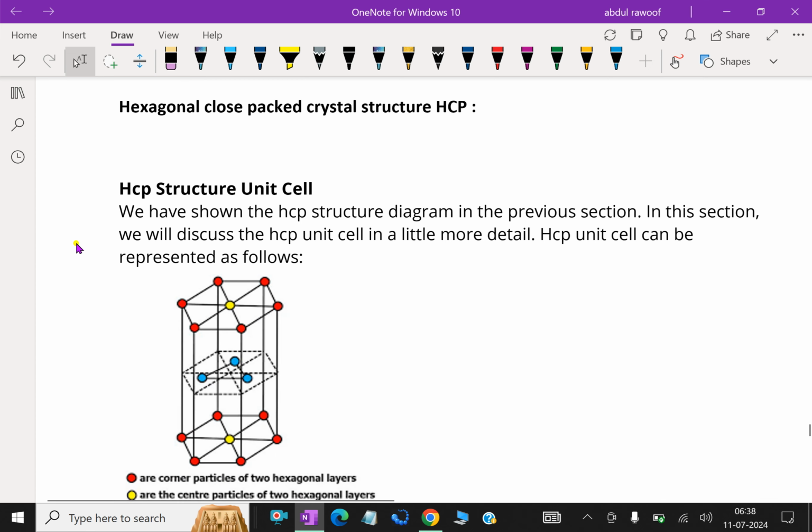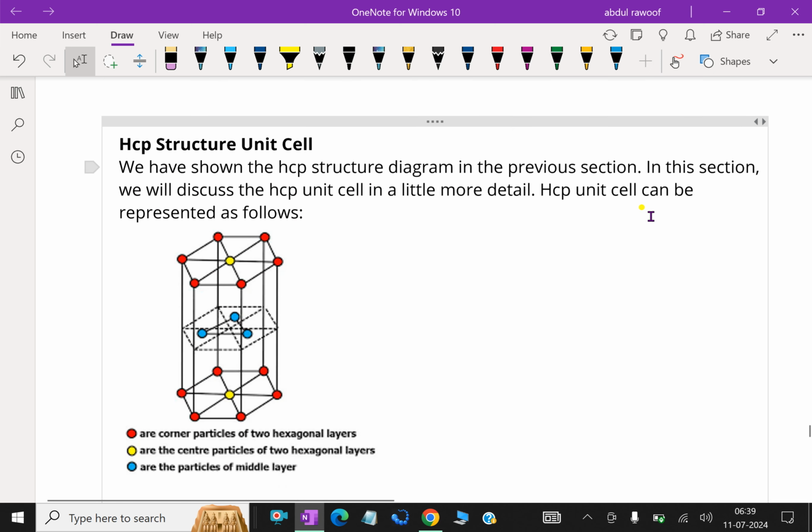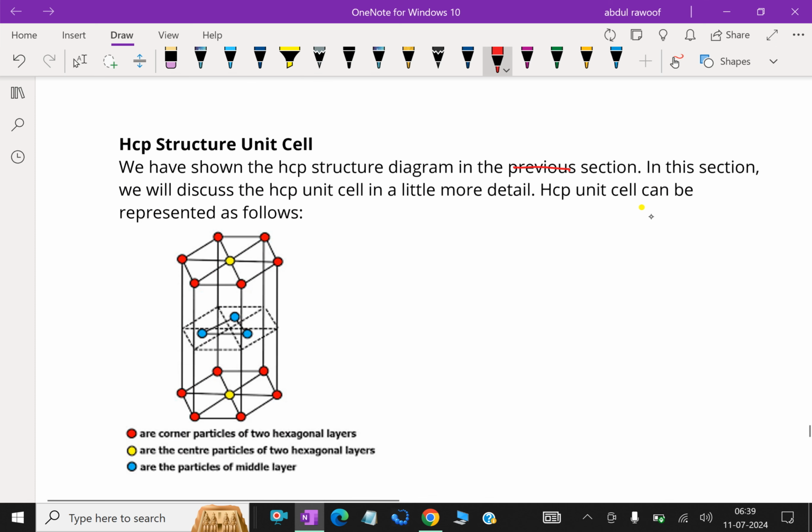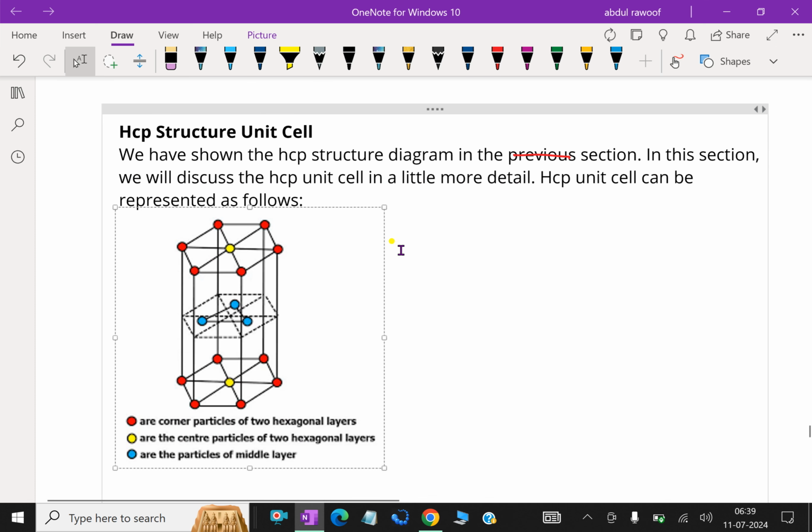Next, what is the hexagonal close packed crystalline structure, HCP? We have shown the HCP structure diagram in this section, and here we will discuss the HCP unit cell in a little more detail.